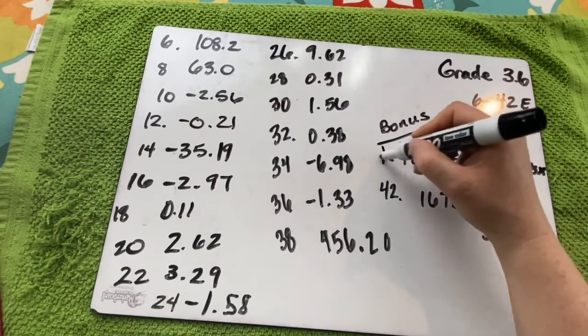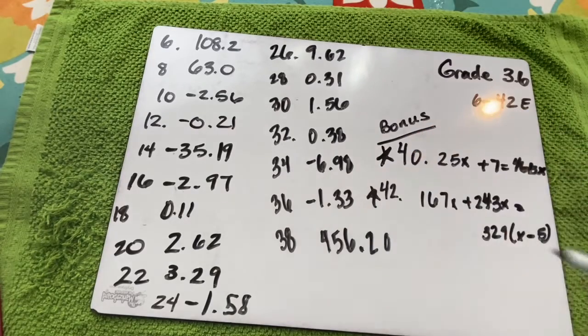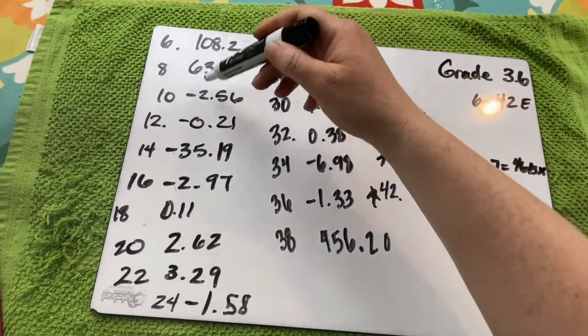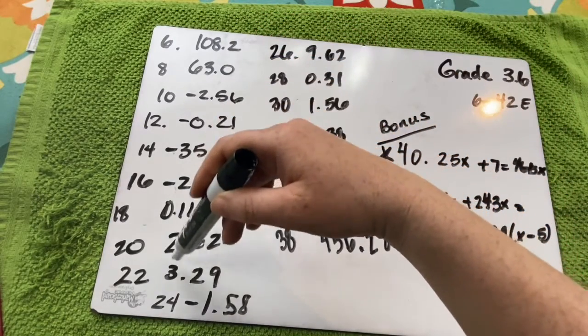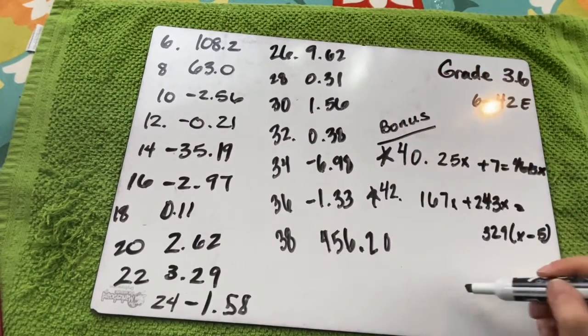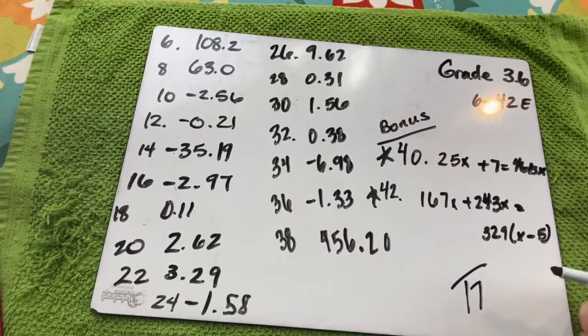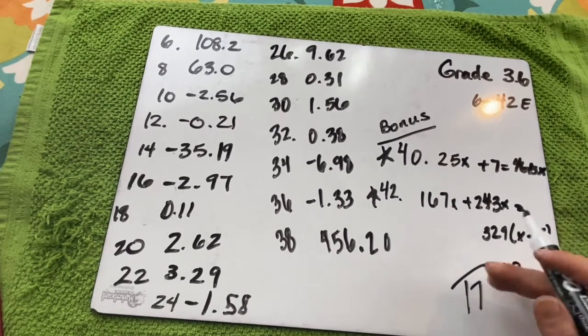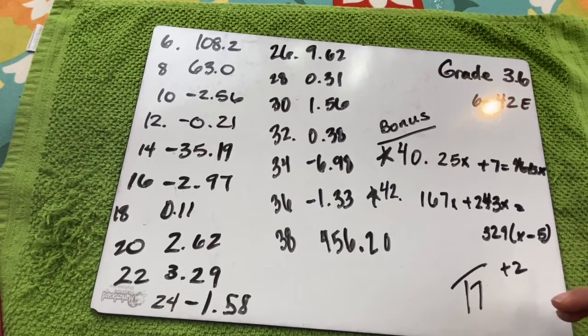If you got those right, I'll give you bonuses. So 1, 2, 3, up to 17. If you got those right, then you get 2 extra points. Write this on your paper so I can figure out your grade.